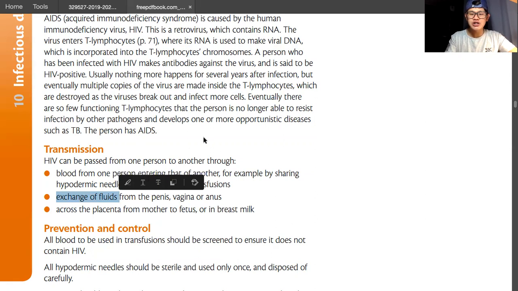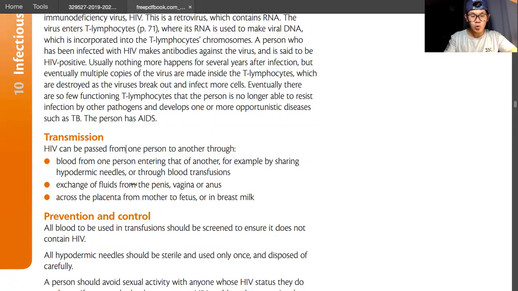The exchange of fluids here could be from your saliva, could be from anywhere. And it can also be transferred through the placenta.